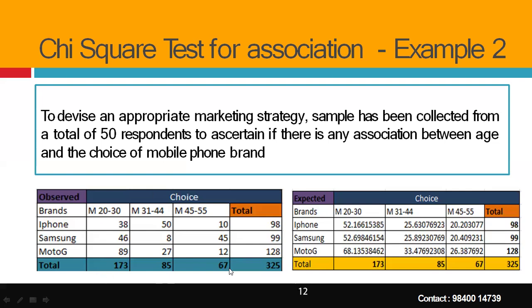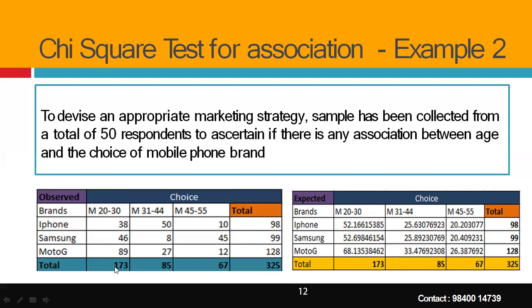The blue colored ones are your column totals, this is your row total, and this is your grand total. If you add all the row totals or all the column totals, you get the grand total. Computing the expected value is pretty simple.